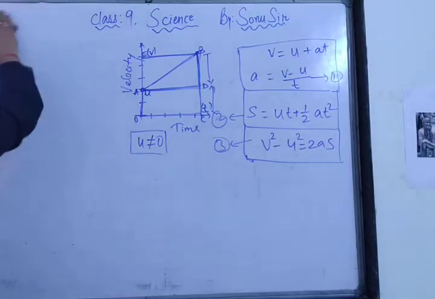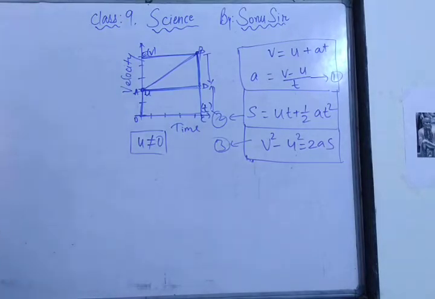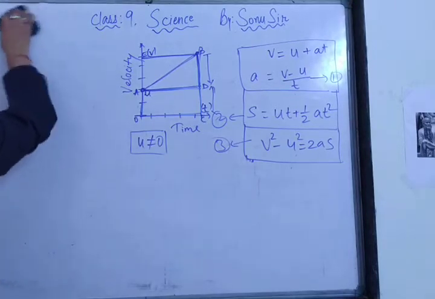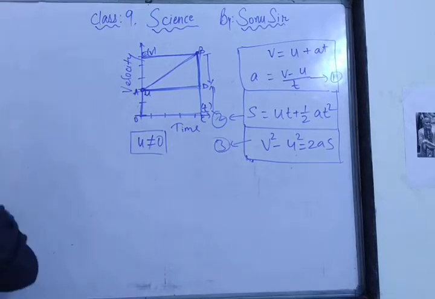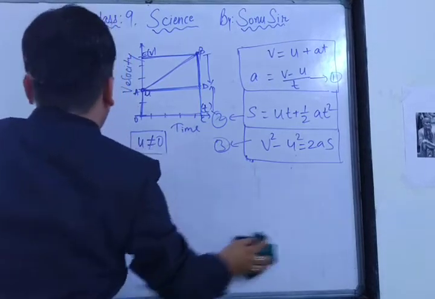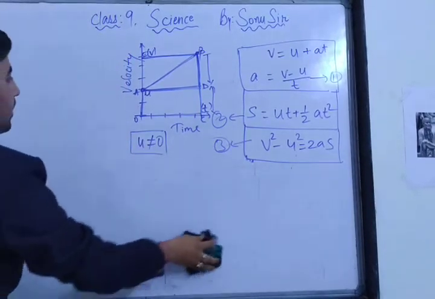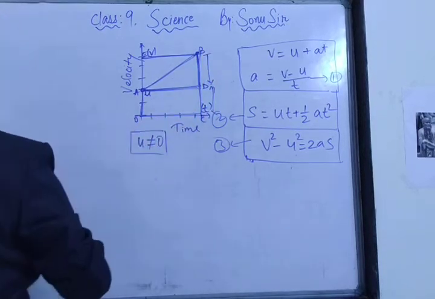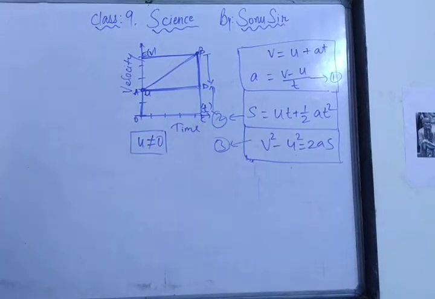In the previous video I described the initial velocity and final velocity. In this video, especially about the second equation, s is equal to distance. So how much distance has been covered in OABC?